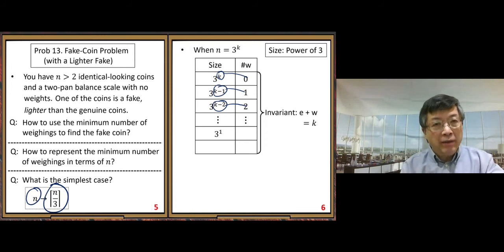When we reach the bottom, 3 to the first, E equals 1, so the W number should be K minus 1.